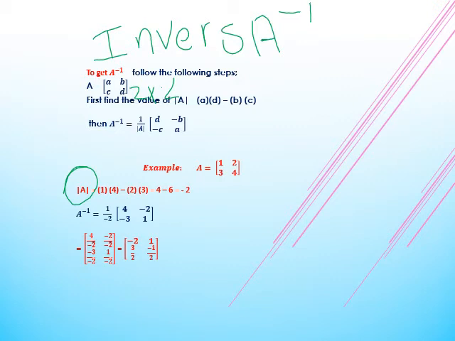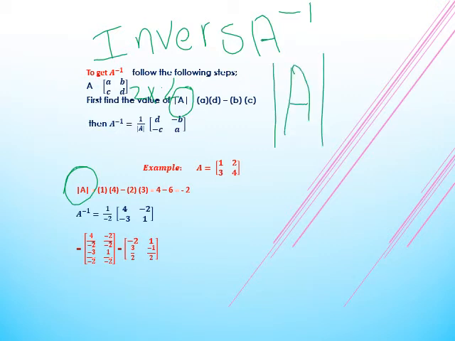So if we have a matrix with A, B, C, D, 2 by 2, with 2 rows and 2 columns, we can get the matrix determinant, which is denoted by A between 2 lines here.